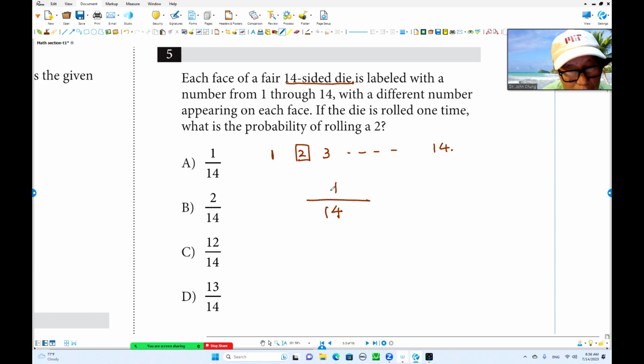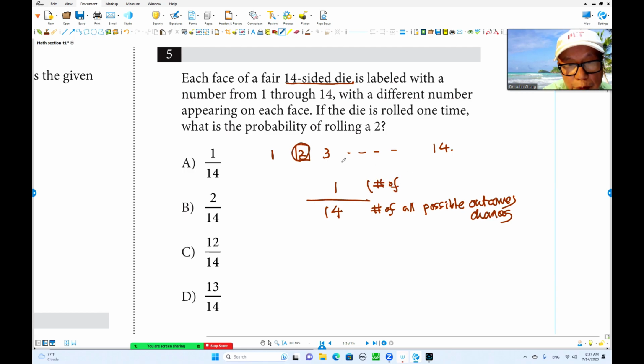That is probability, the number of chances over the number of all possible outcomes. This number 2 is only one chance. So the probability is what? A is the answer, okay?